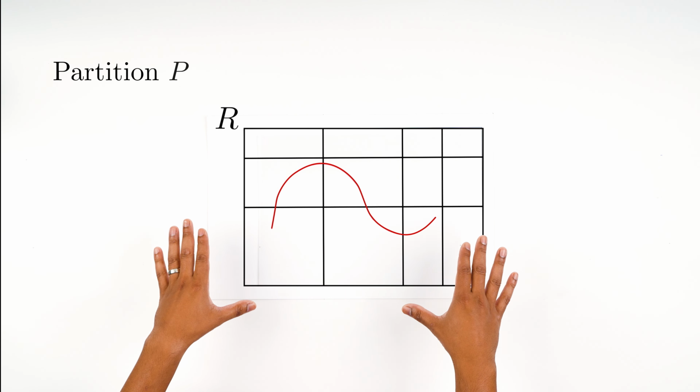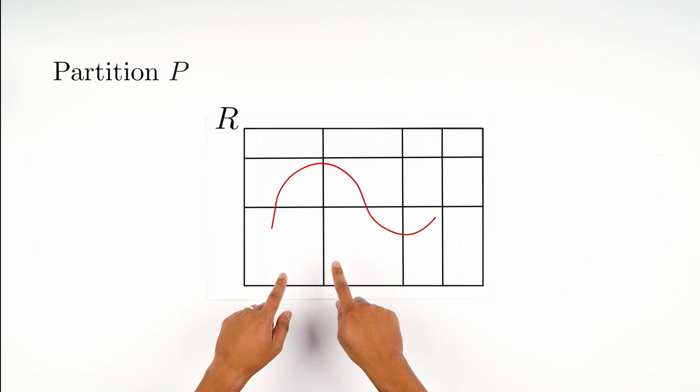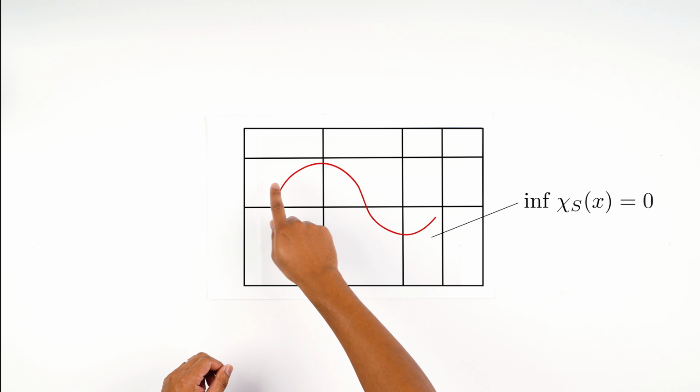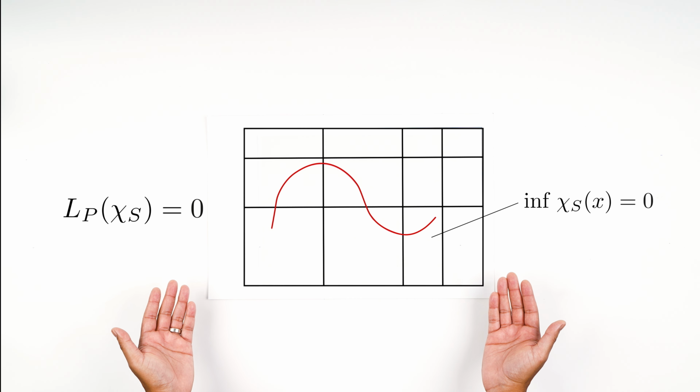Let's compute the lower sum and upper sum of the indicator chi S with this partition, P. For the P lower sums, notice each subrectangle has a point X which does not belong to S. This means chi S of X is 0. The infimum of chi S on each subrectangle is therefore equal to 0. Since every subrectangle contributes 0, the P lower sum is itself 0.